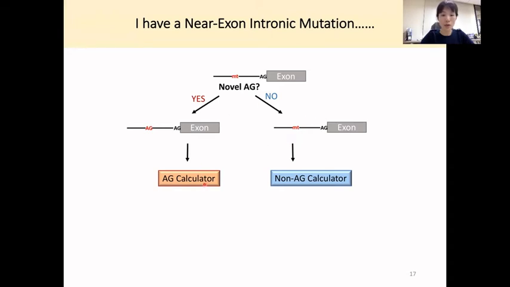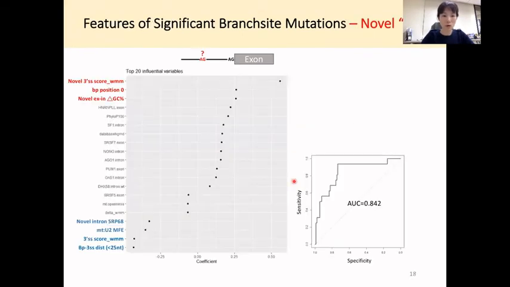So we create two models by the GLM model, generalized linear regression, and we use LASSO variable selection to select for significant features. So the top feature that has been selected through the machine learning method is the novel 3' splice site score, meaning that if I have a novel AG here, then the stronger the splice site is, the more likely I use this AG.